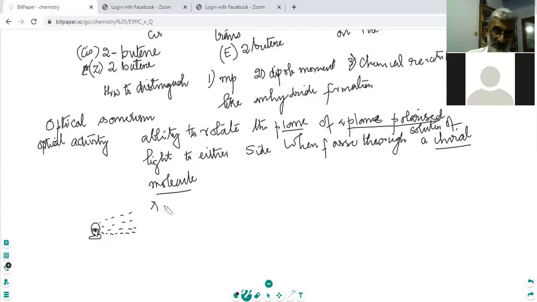Lambda equals 300 to 500 nanometers. Oh, sorry, not 700 nanometers. So this is what is meant by an ordinary light.